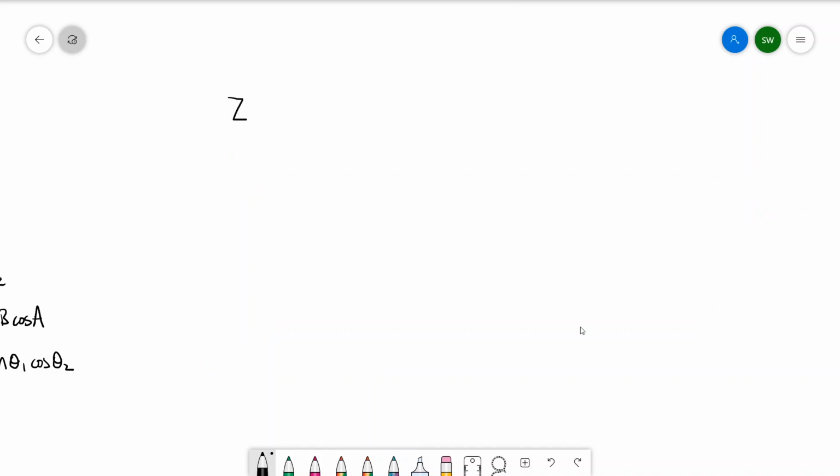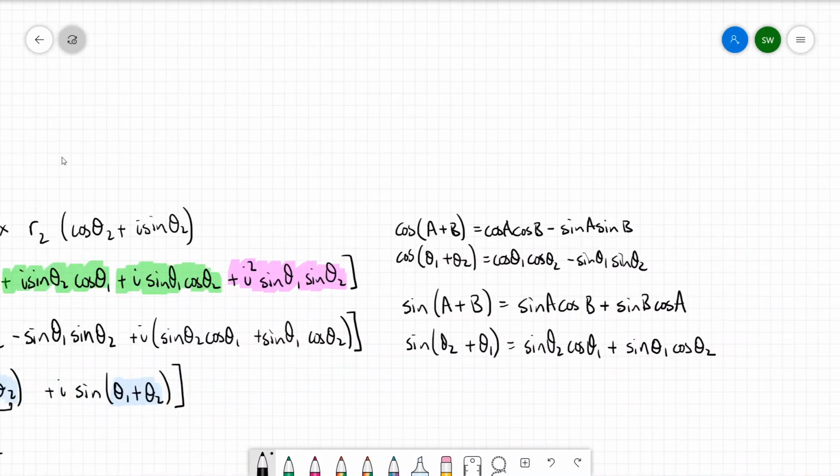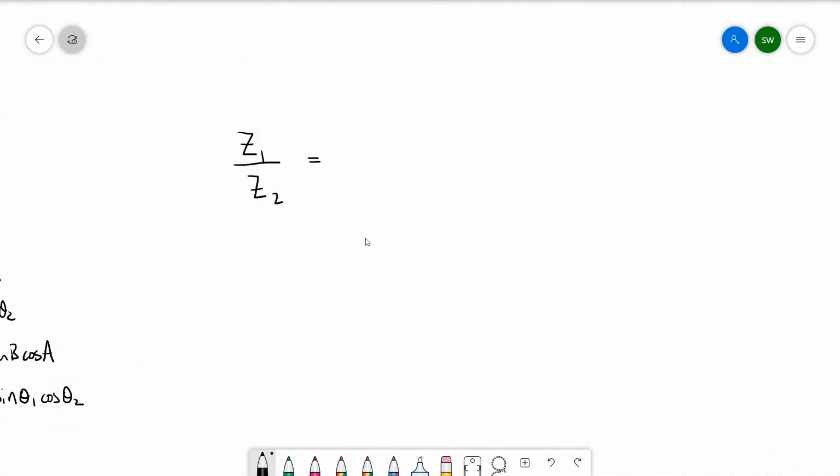We could do a very similar thing to come up with a formula of how to do z1 divided by z2, to divide two complex numbers. I'm not going to go through the whole process of deriving this, but you can have a go at it if you want by trying to copy what we did here when we timesed the two together. But the formula for this is that the modulus of this complex number is going to be r1 divided by r2.